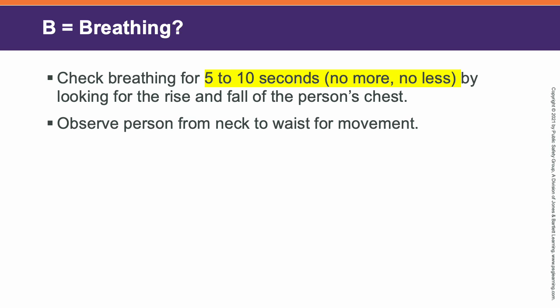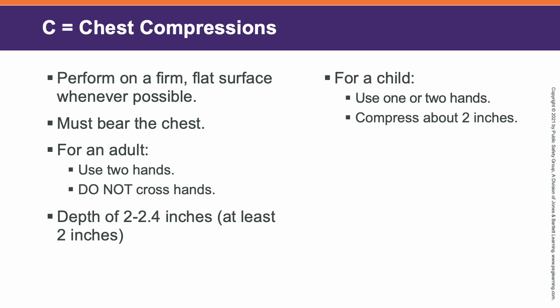Look, listen, and feel. If you do not see breathing, that's when we move on. If it is determined they're unresponsive and not breathing, this is when we move into actual CPR. So we start our chest compressions. We've done the RAB, now we're on the CAP.